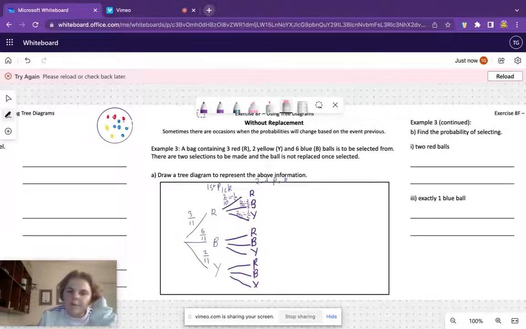And so now our chances of getting a red one on our second pick are 3 out of 10. Our chances of getting a blue one now, there's no longer 6. Now there's 5 blue ones. So 5 out of 10, or 1/2. And then yellow, we've got 2 out of 10, or 1/5.